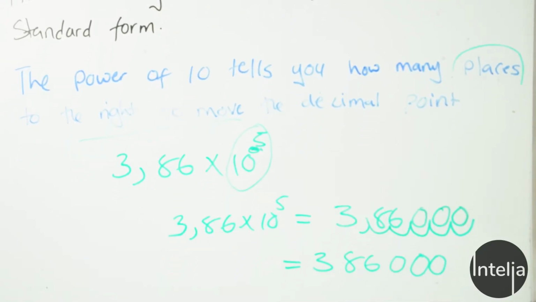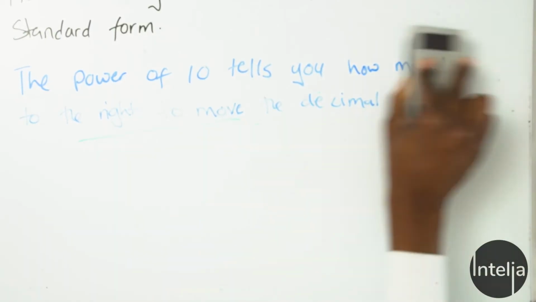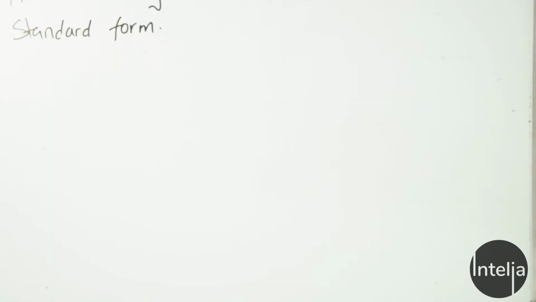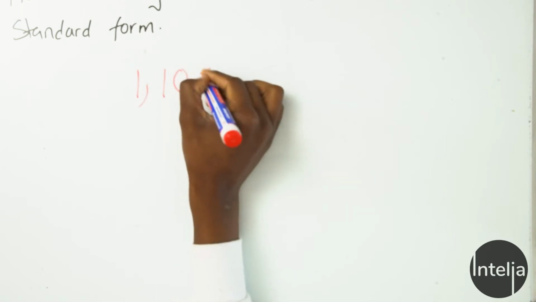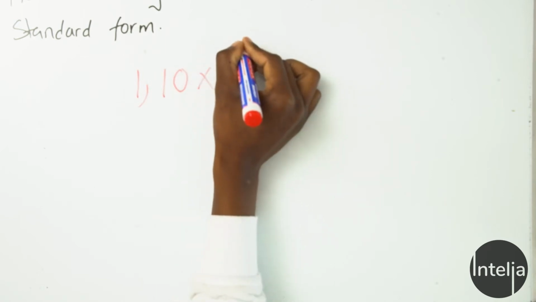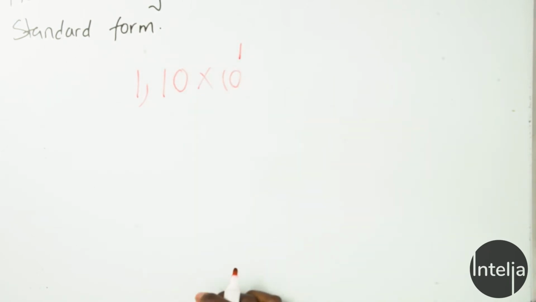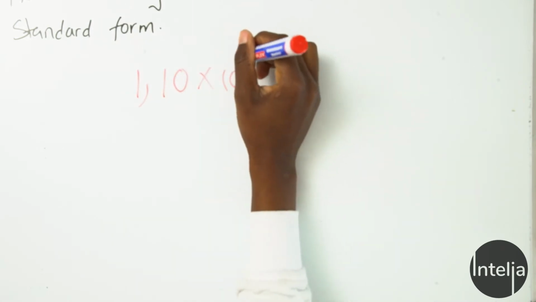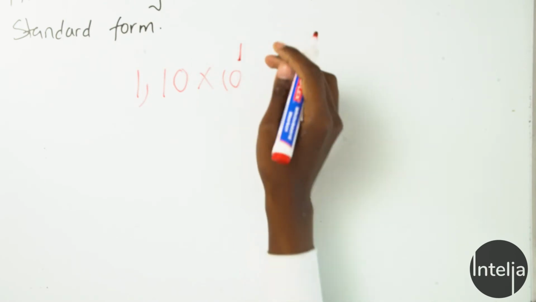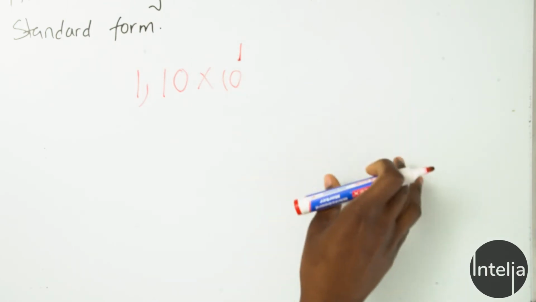Let me give you another example on how to write a number in standard form. Let's say we have a question like 1,10 times 10 to the power 1 in standard form. Remember, our power here is the number of places we move a decimal comma.